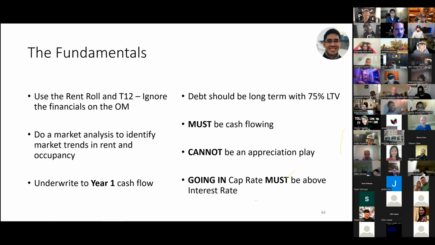I touched on this a little briefly the other week. The more technical answer is if you have an interest rate that's higher on your loan than your going in cap rate, you have what's called negative leverage. That means if you had paid cash for the property, you would have gotten a higher rate of return than getting debt. That's opposite of what we want to do.